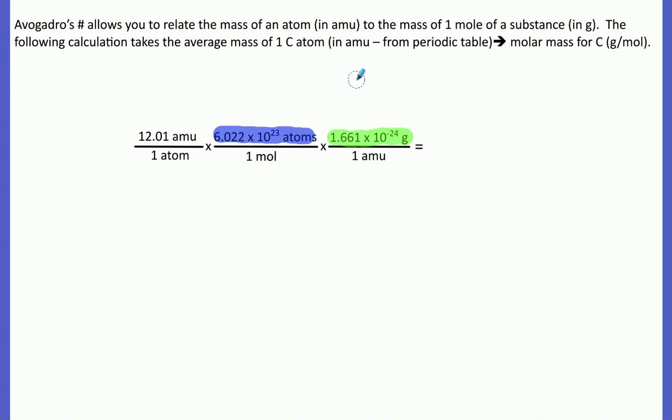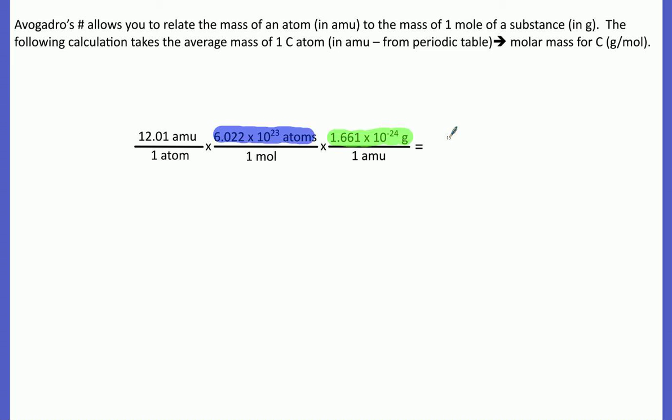So when we do a calculation here, I multiply and divide just like anything else that we talked about in the past. If I take that 12.01 and I multiply it by 6.022 and then I multiply that by 1.661, it turns out I get a number that looks a little bit like this, right? So if you're using your calculator, you can see the same thing.